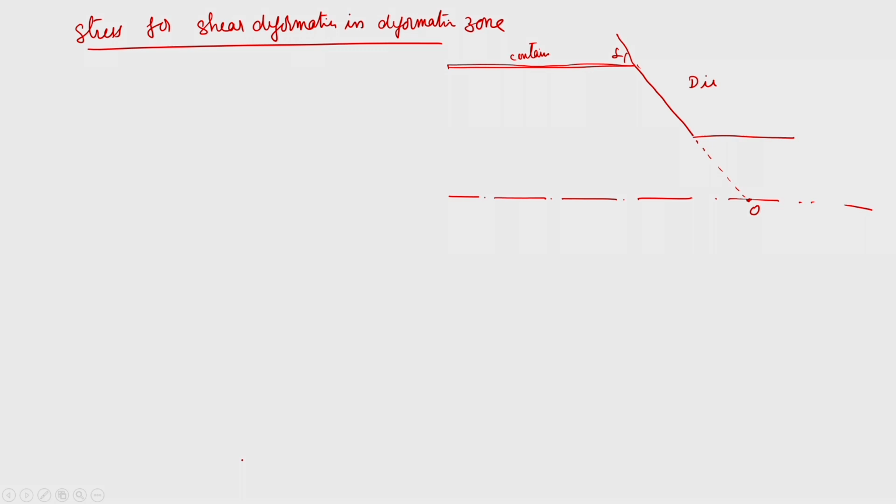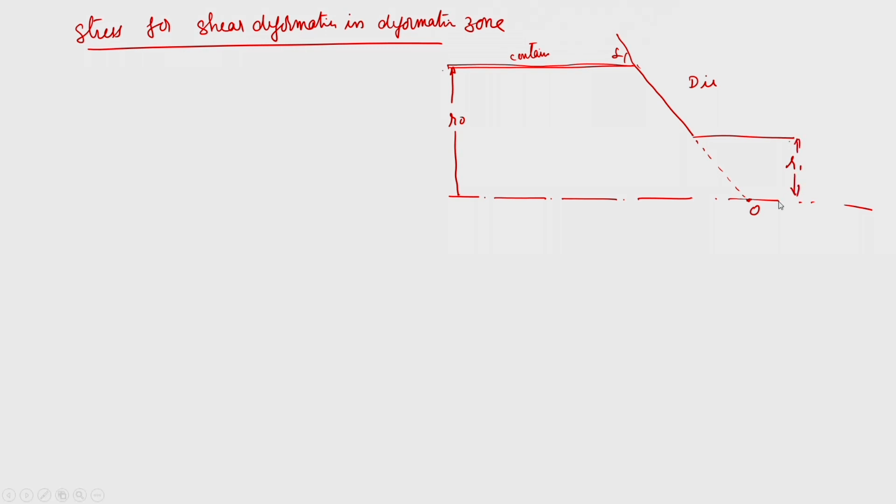So here it is r 0, that is the billet radius, container diameter also we can say, and this is your r 1 at the exit.